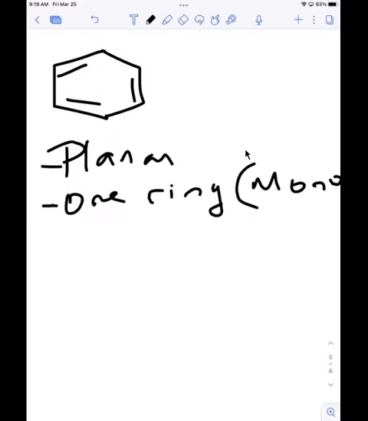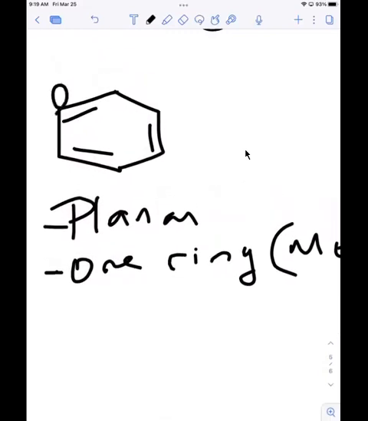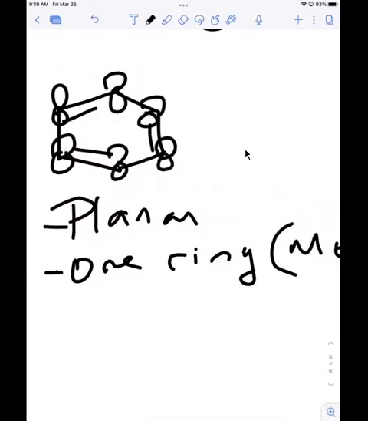But the full definition is having a p orbital on every carbon. That's what we said when something was fully conjugated. Then that means that every carbon in that system had a p orbital, right? And you can see here, I'll draw them in again. Every one of these carbons has a p orbital on it. So it is fully conjugated.